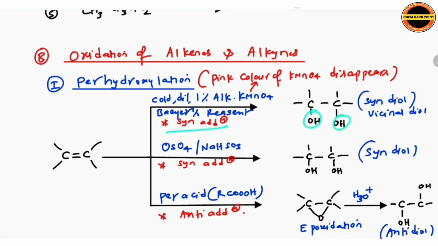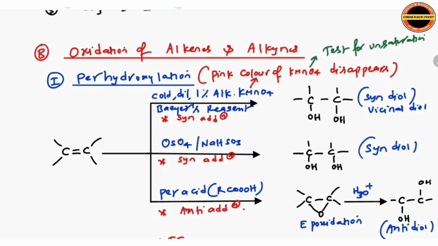Whenever a particular compound is added to alkaline KMnO₄, the pink color of KMnO₄ disappears due to formation of the addition compound. It is used as a test for unsaturation, you can specify here. So in order to test unsaturation of a compound, you can use this.